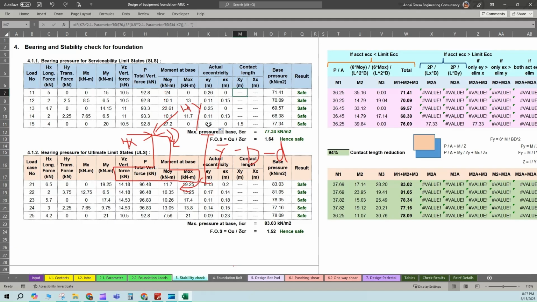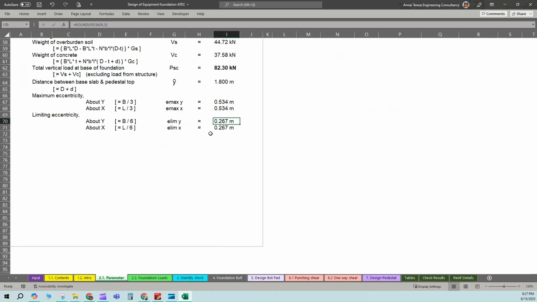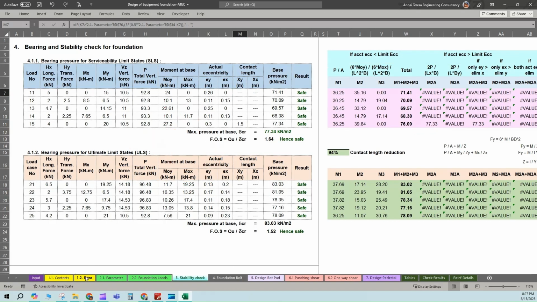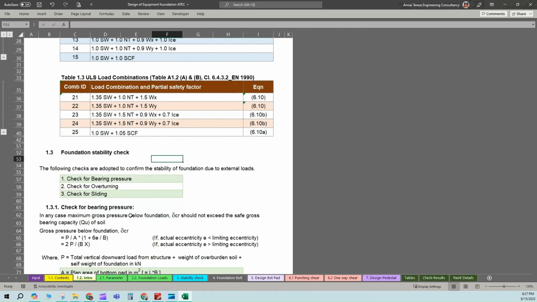But in the short circuit force load combination, that is load combination case 15, the eccentricity is 0.3, which is more than the limiting eccentricity of 0.267 that we calculated in our previous video. It means there is some contact length difference. How to calculate this contact length difference we already explained in the introduction page under this foundation.